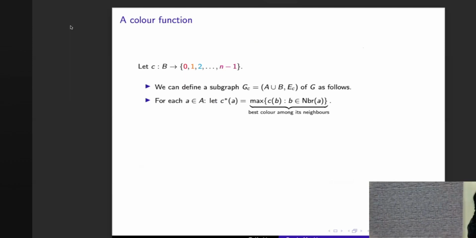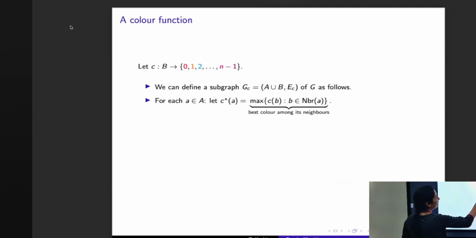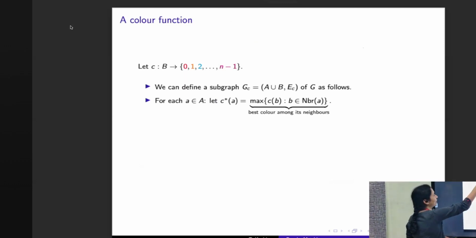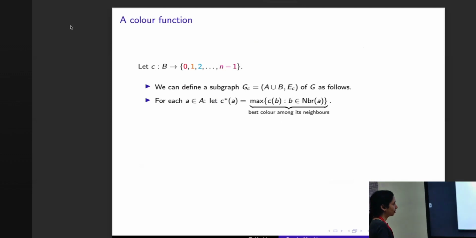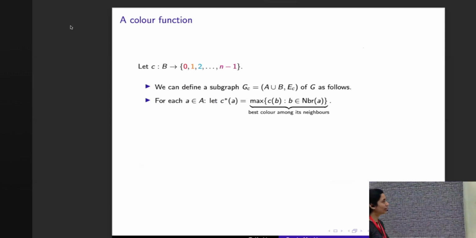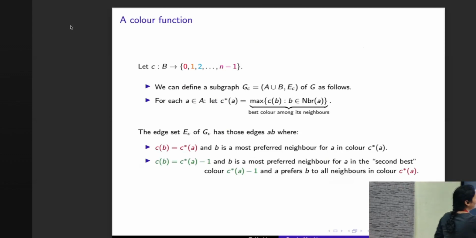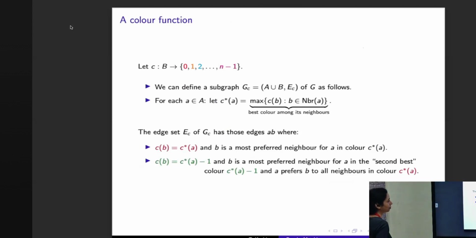So for every agent A, let's define C star A to be the maximum value of a color of its neighbors. Given any color function, let's come up with this C star A, and the edge set EC of GC consists of these edges.